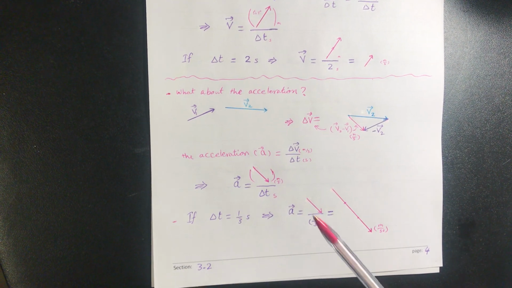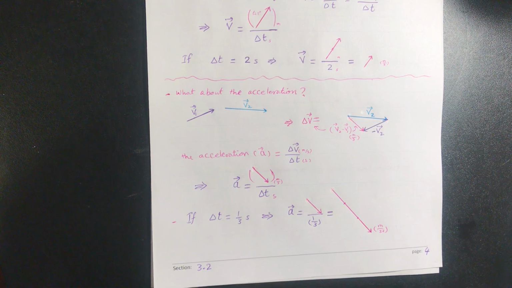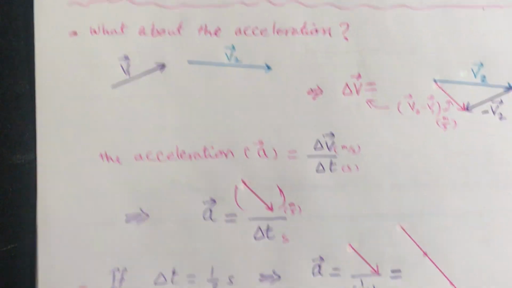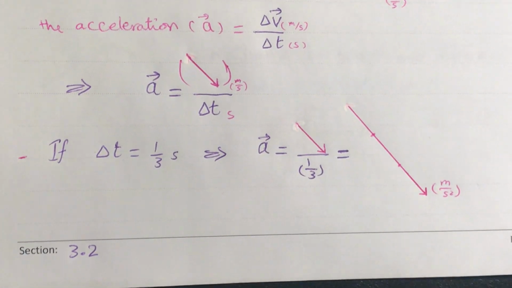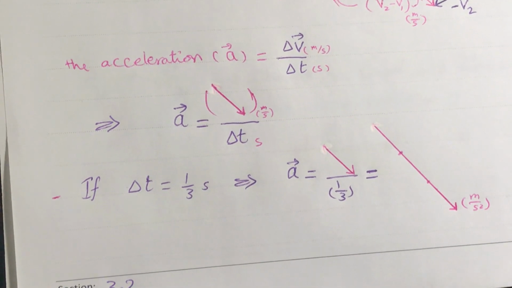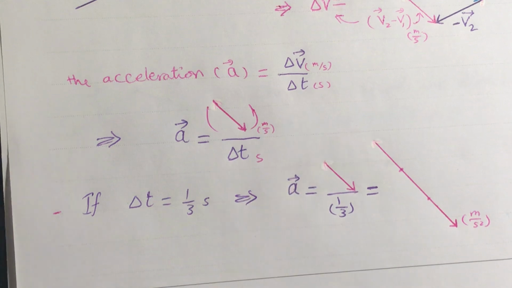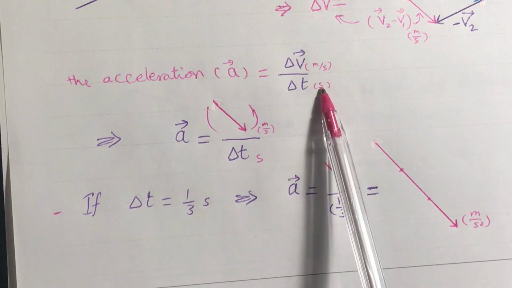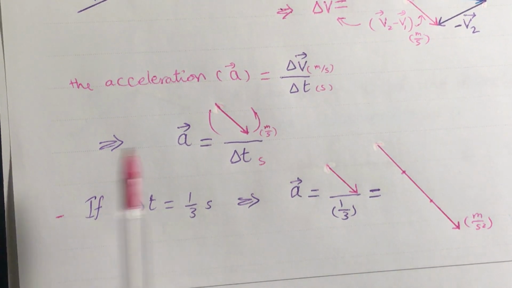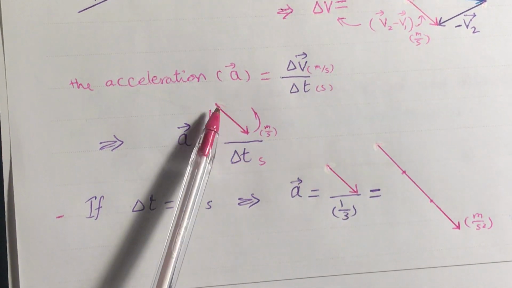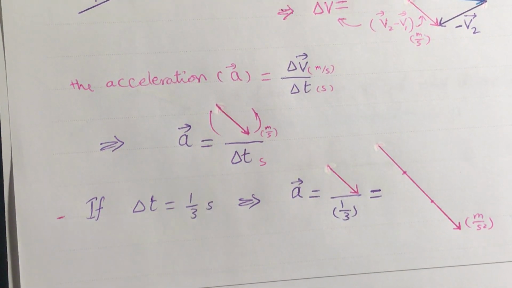Okay, what is the acceleration? The acceleration is delta v over delta t, meter per second over second for units. This is delta v. This is delta v over delta t.